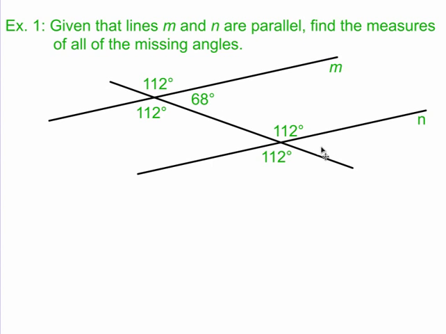By corresponding angles, this guy is 68. By alternate interior, this one is 68. By alternate exterior, or by corresponding, this one is 68. Now you can see that using my one original angle, I could find all of the other ones around here. So that's all we have to do.